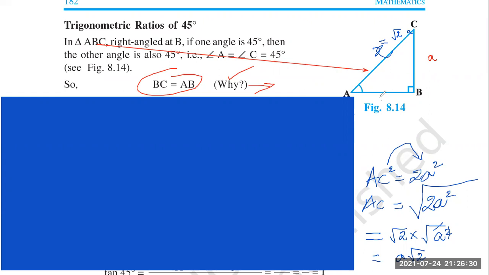Here it is A, this is also A, this is root 2A. All three sides are there. Now, sin 45 degrees. Let me take white color.